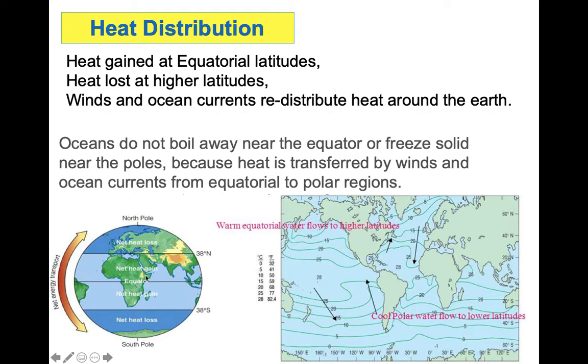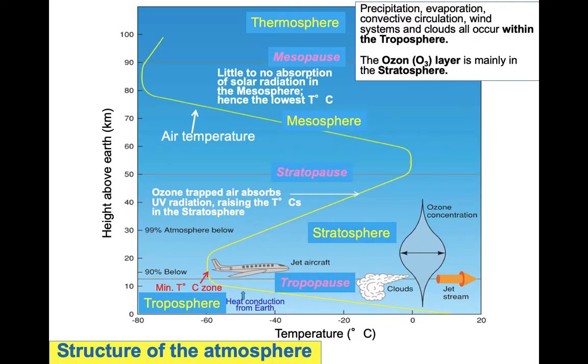And the winds and ocean currents redistribute the heat around the Earth. If that didn't happen, equatorial regions would have extremely hot ocean water and extremely cold, in fact permanently frozen, water in the polar regions. But that is not the case. That's because winds and ocean currents collectively transfer the heat so that the ocean temperature is actually pretty much stable throughout the year.